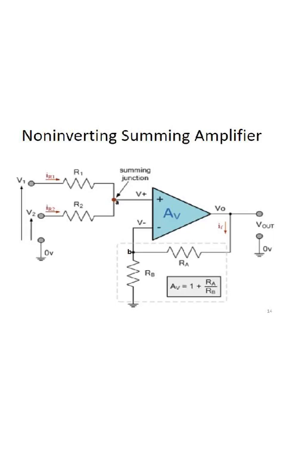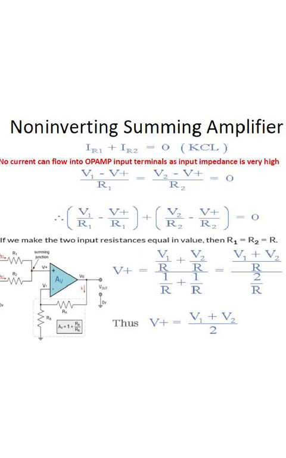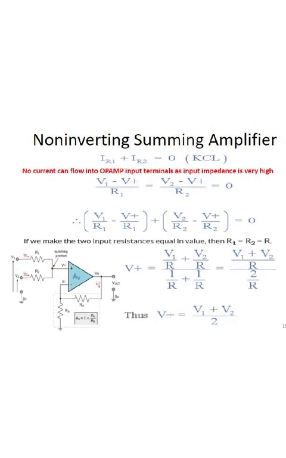R1 and R2 are the two input resistors. V1 and V2 are given as inputs to it. With respect to R1 and R2, the output feedback is RA. So AV is given by 1 plus RA divided by RB. Looking at the formula, IR1 plus IR2 is equal to 0 by KCL.